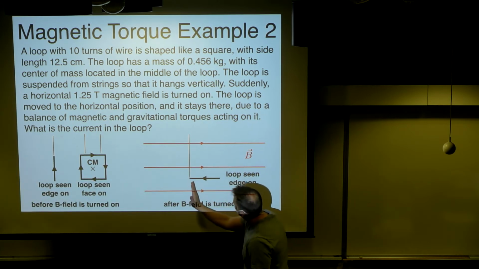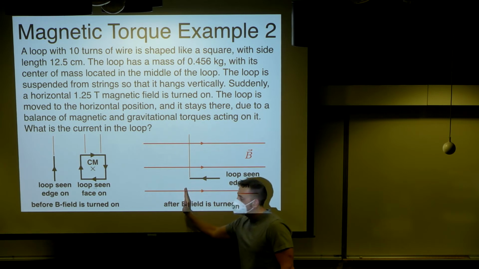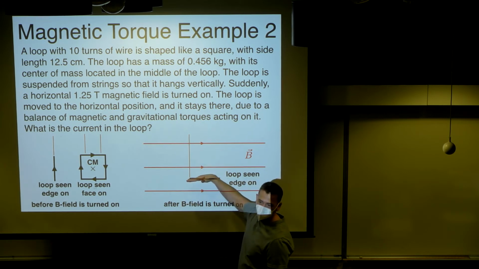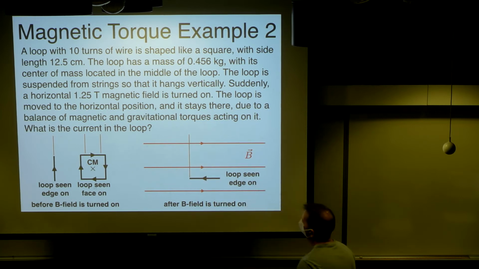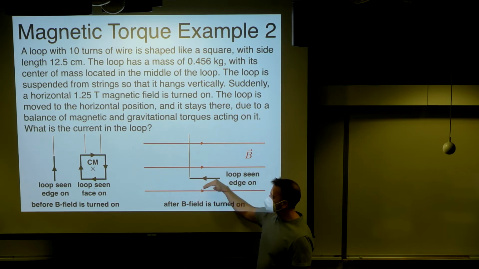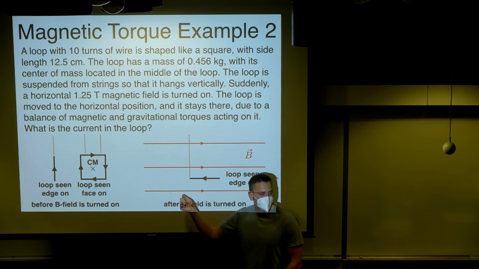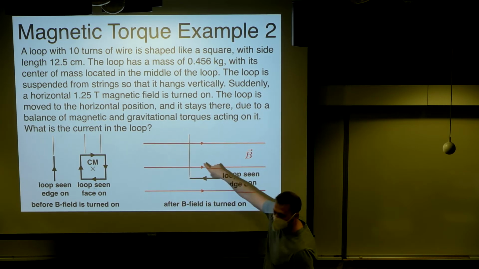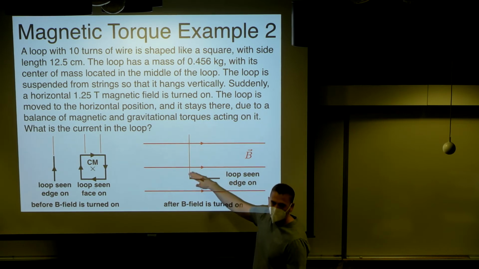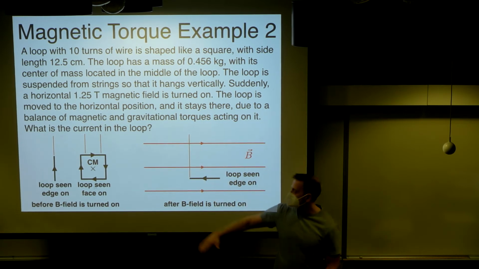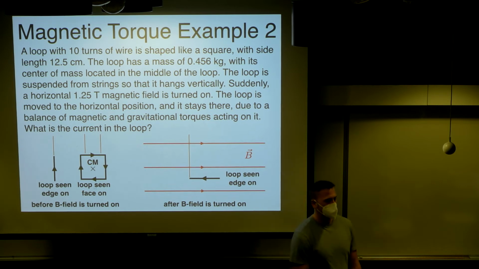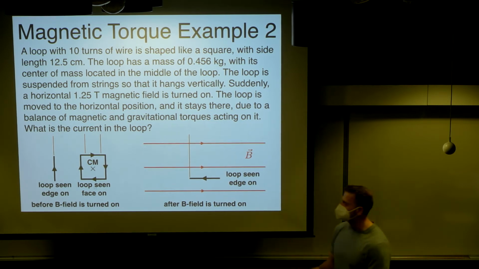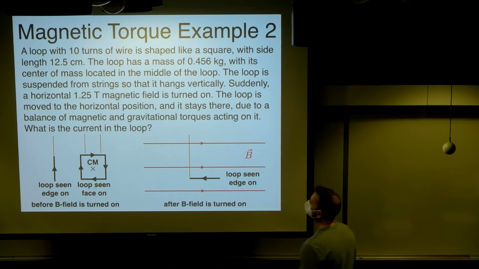That torque causes it to go from just hanging this way to being in this horizontal position. What's happening is there's a magnetic torque and a gravitational torque. Gravity makes it want to rotate back down to here, but the magnetic torque makes it want to rotate this way. If they're perfectly balanced out, it can hang like this in that position. Does that make sense?